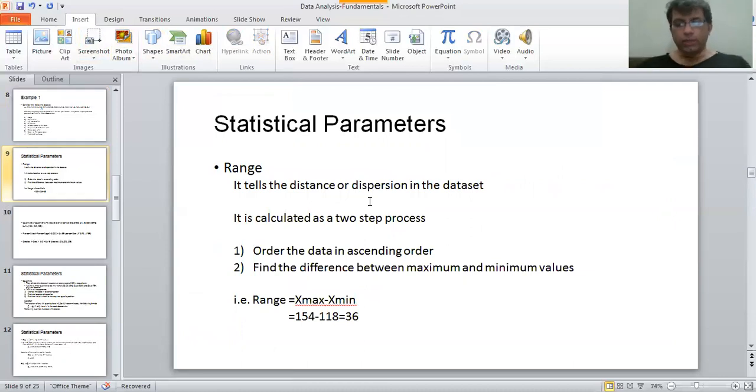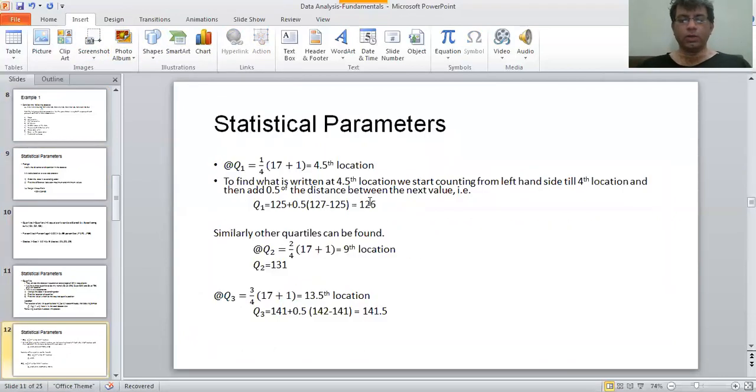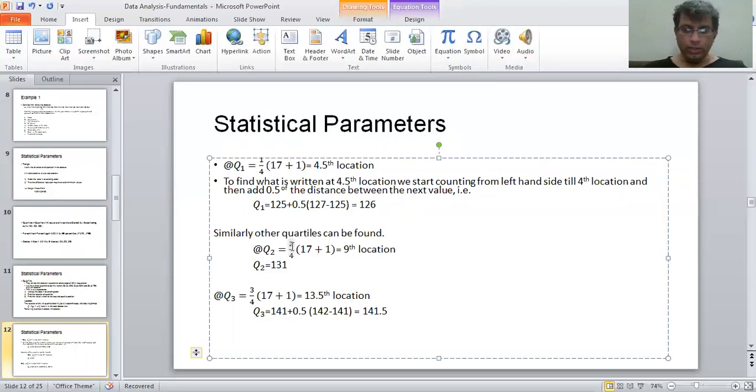And in just the same way, we find the quartile 2. The first step is already done for us, that is arranging the data in ascending order. The second step is the location, and the location is determined by the equation i upon 4 into n plus 1, where i in this case is 2. So 2 upon 4 multiplied by 17 plus 1, so 18 into 2 upon 4, and the answer is 9.